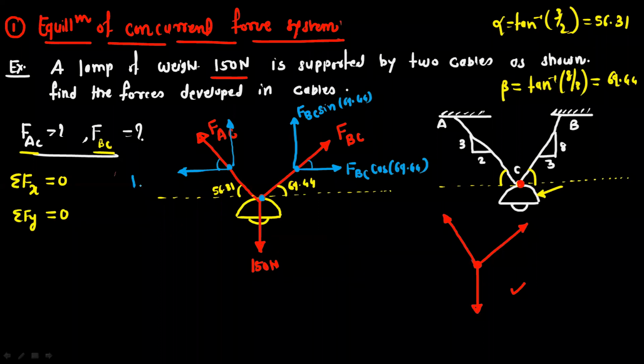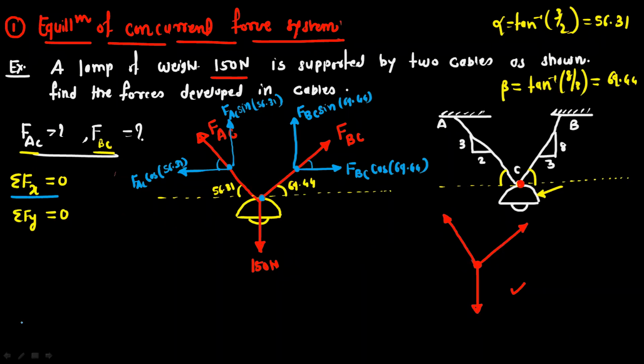So force is FAC cos 56.31. And this is the opposite component, so it is a sine component. So this is FAC sine 56.31. And 150 Newton, no need to resolve this force. It is in the negative y direction.